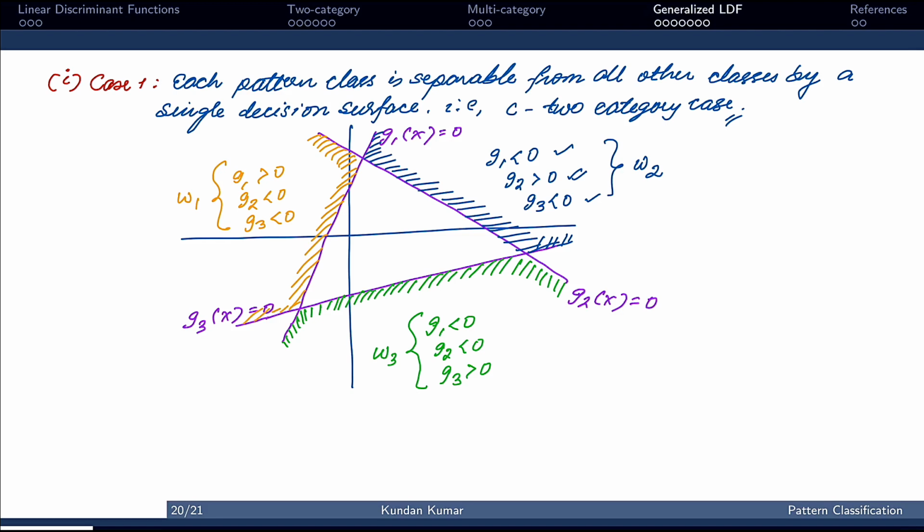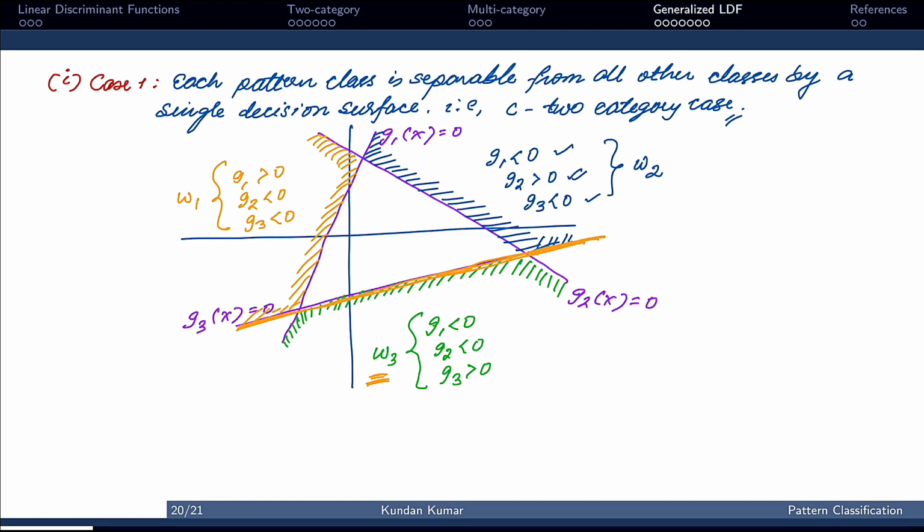So it is clear that each class is separated from the other classes by using only a single decision surface. For example, omega 3 is separated from the other classes by using only the discriminant function g3, and this is the single decision surface which separates the data points of omega 3.